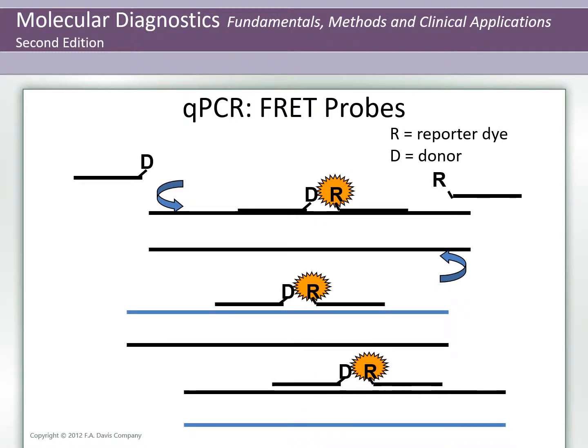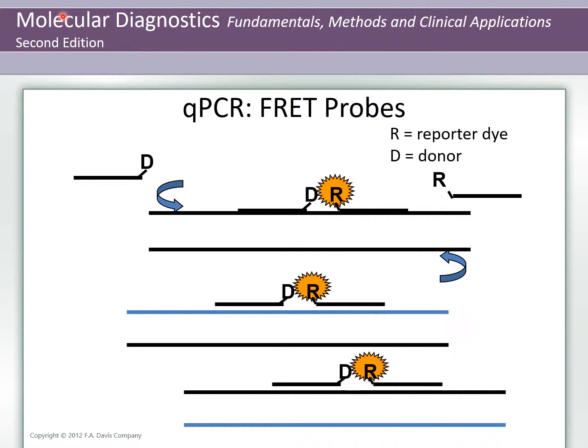FRET probes can also be used as quantitative PCR detection systems. FRET stands for Fluorescent Resonance Energy Transfer, and it utilizes two specific probes. One with a 3' fluorophore, known as an acceptor, and the other with a 5' catalyst for fluorescence, the donor, that bind to adjacent targets.